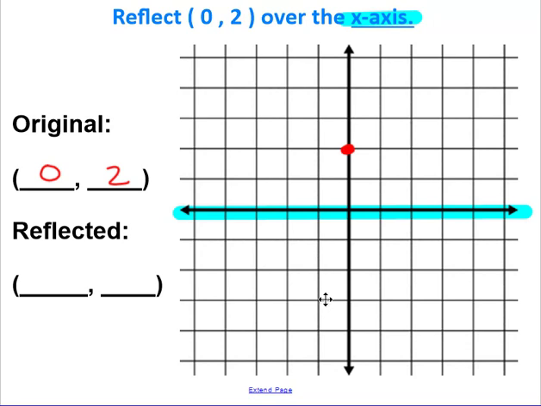Now, I need to get to that axis that I just colored in. How far away is it? 1, 2. Make a mirror image. 1, 2. Plot your point. What's my new point? 0, -2. And it's as easy as that.